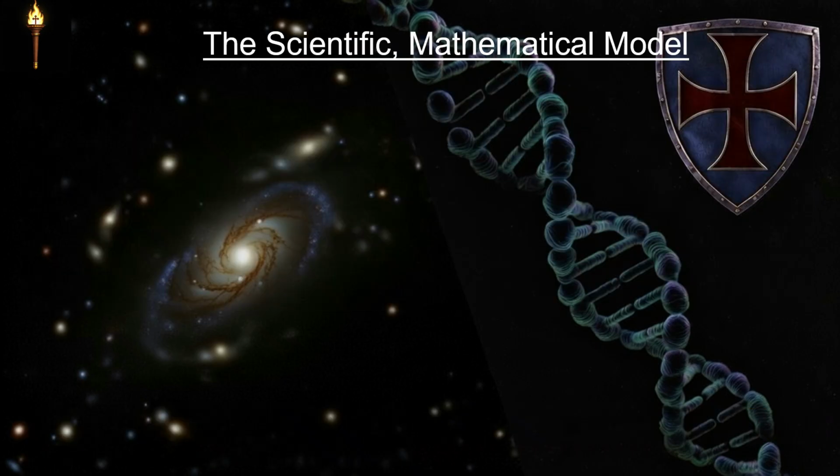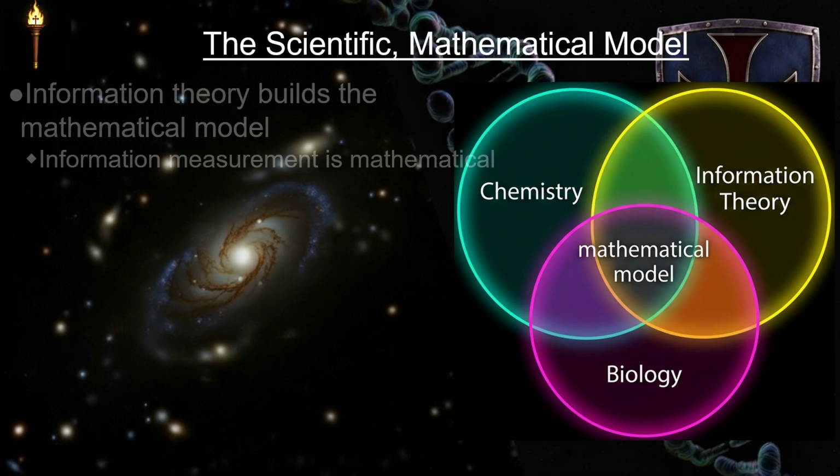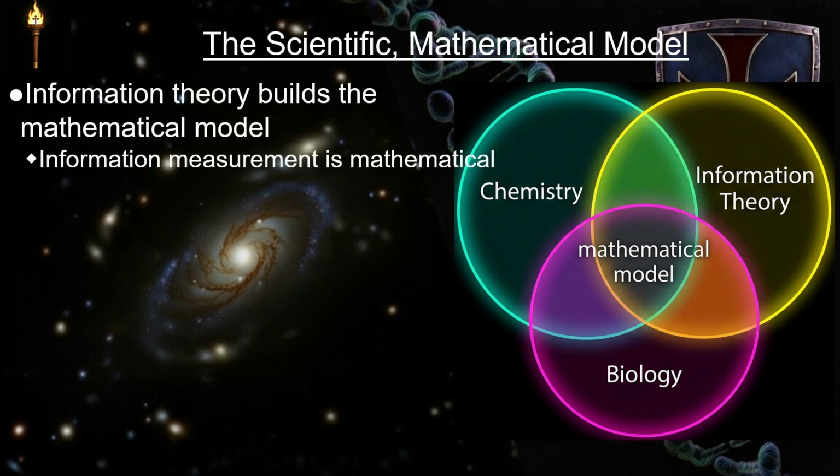The scientific mathematical model that we're going to talk about is not just including biology. It includes 3 disciplines: chemistry, information theory, and biology. The information theory builds the mathematical model. When we say information, we mean a measurement about the amount of information that is contained.